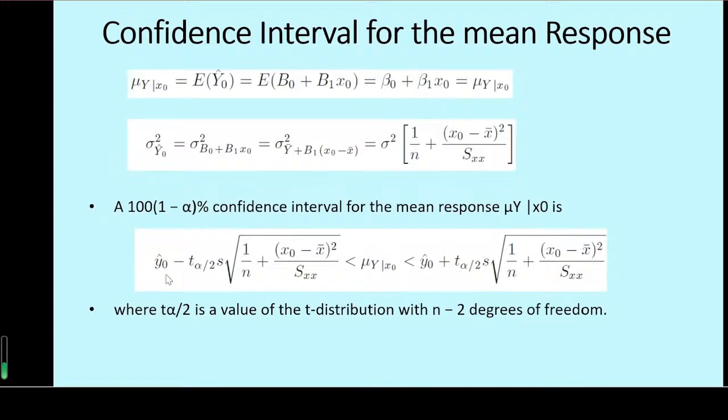So y hat minus t half alpha times s, and s is the sample standard deviation of this random term, times the square root of 1 over n plus this term. And the upper bound is y hat plus this term.